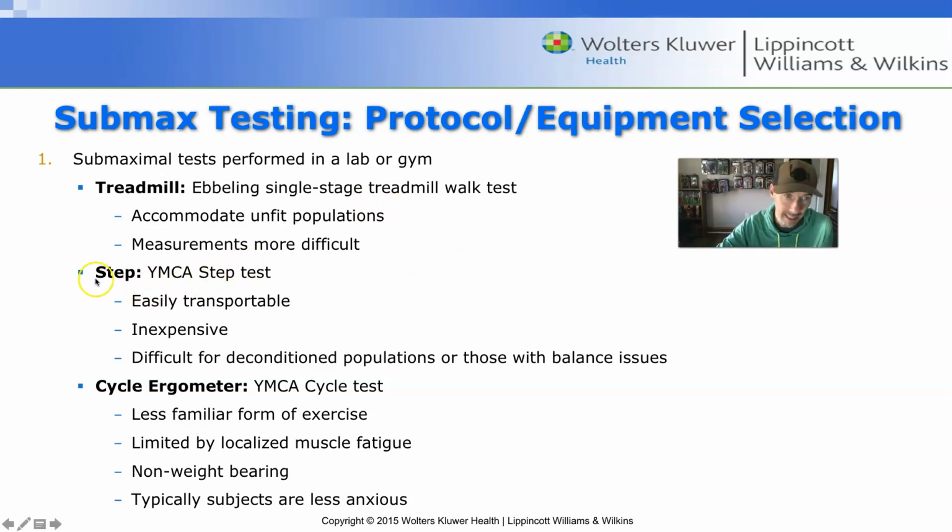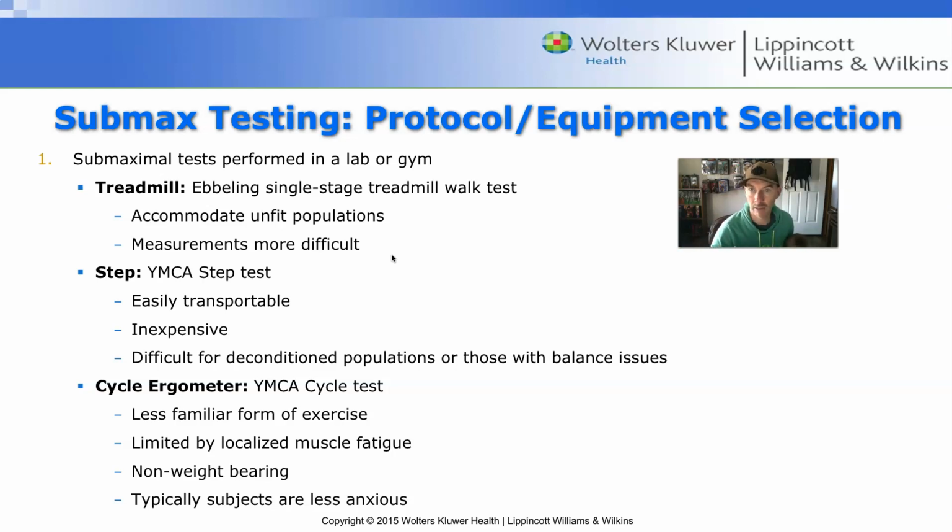We have a step test, which is not as accurate. But the good news about the step test is it only takes 3 minutes. And if you have access to a lot of aerobic steps, or you can even use bleachers in a gymnasium, you can test a lot of people at one time, right?